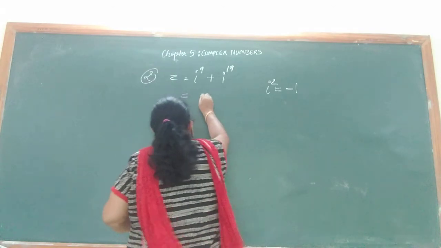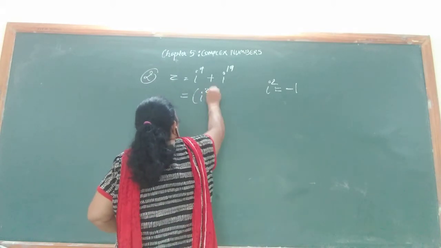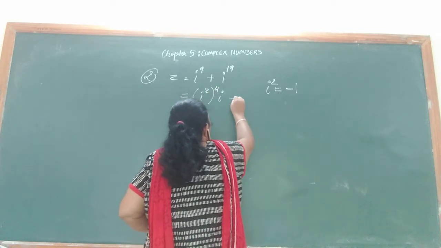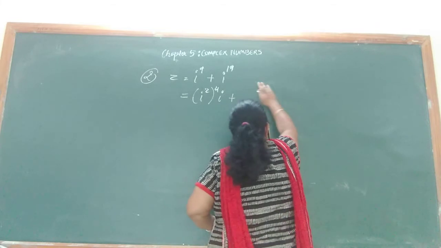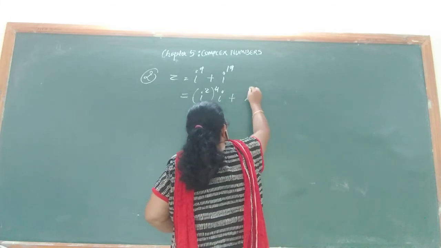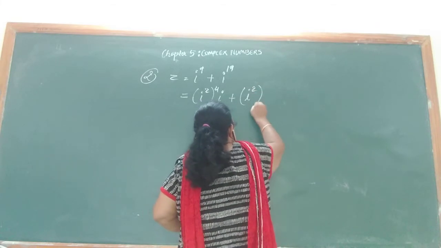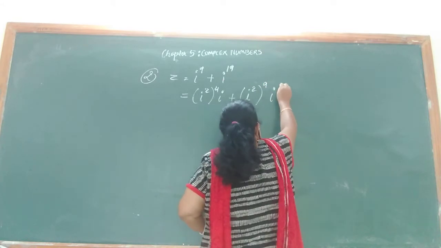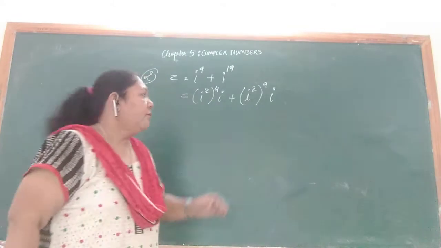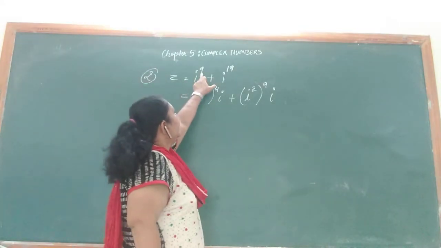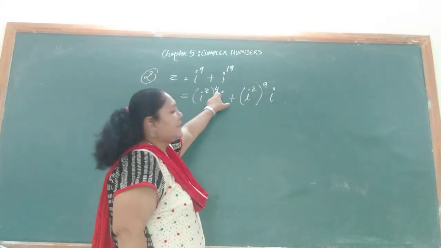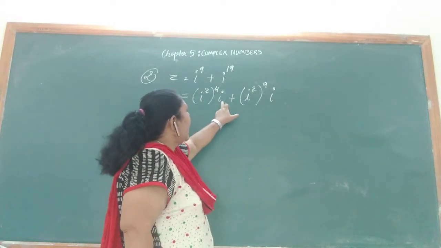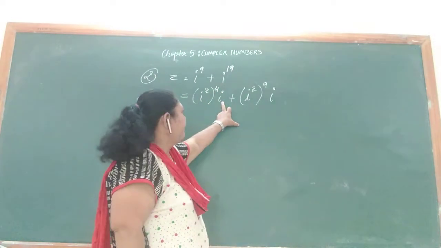So I can write it as i square raised to 4 into i, and the second term, i square raised to 4 is 8, that is i raised to 8 and i raised to 1.